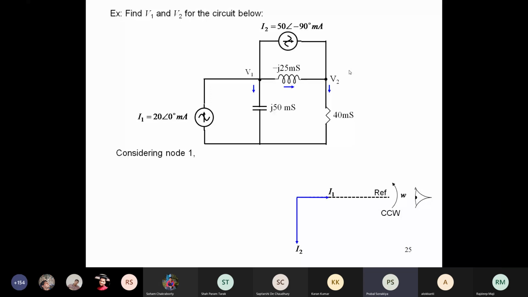Sir, V2's angle is 51.34 degree. V2? Yes, sir. Plus or minus? Plus.